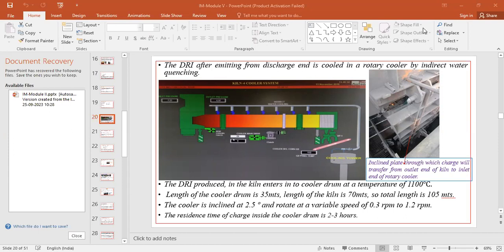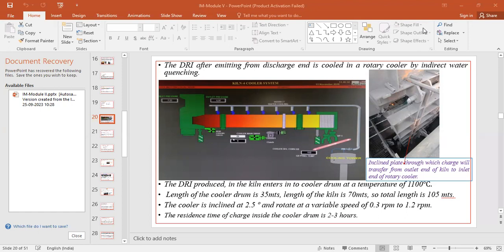The DRI emitted from the discharge end of the kiln will have a temperature of around 1100 degrees centigrade, and at this temperature we cannot expose the DRI to the ambient atmosphere for any transferring purpose, because if the DRI coming out of the kiln at high temperature is exposed to the ambient atmosphere, there is a possibility of reoxidation.